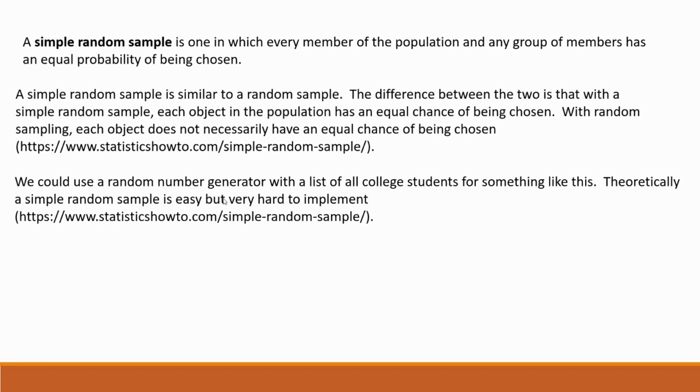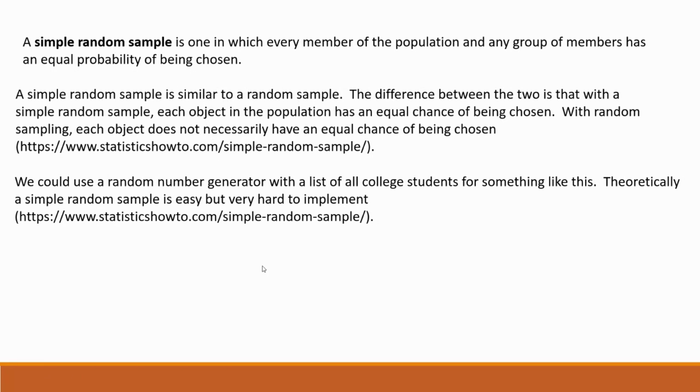Basically there, as I wrote here, every member of the population has an equal probability of being chosen. The first definition I got from the textbook, but I wrote this also from this website. I thought this website was a little bit better. The definition, basically, with a simple random sample, everyone in the population is equally likely to be in the sample.